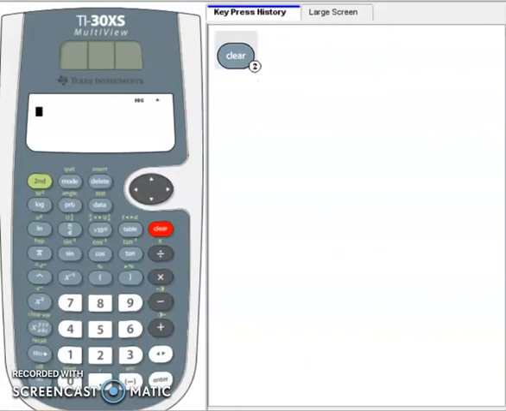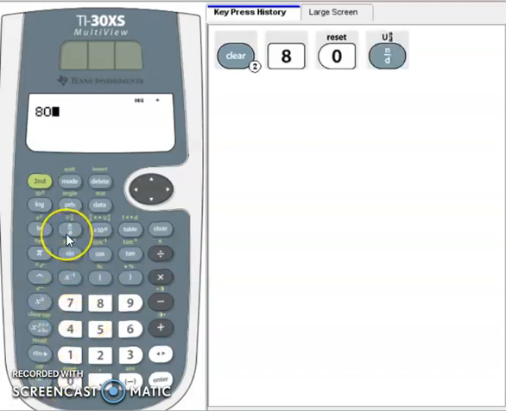Your fraction button is in the second column, third row. It's the N over D button. So let's say I want to reduce 80 over 135, so I type in 80, hit the fraction button, and then 135.